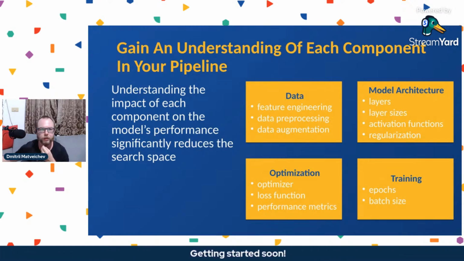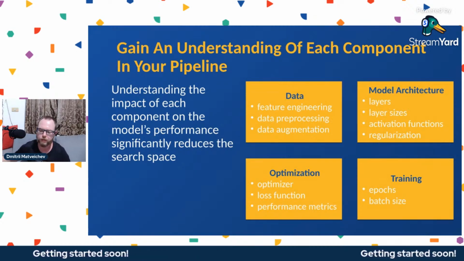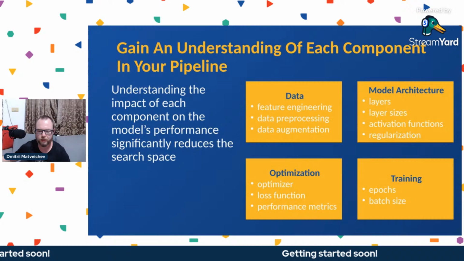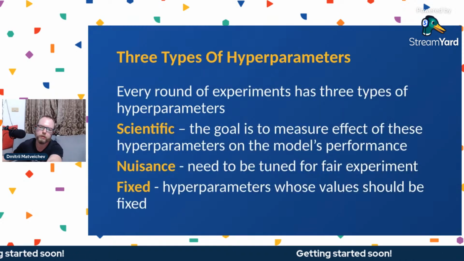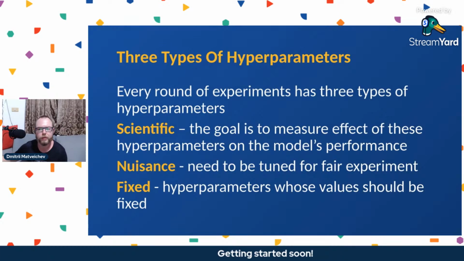If you understand how each part works, then you will have an easier time making a very small set of hyperparameters that you need to tune to get a better result. Okay, so this presentation is focused on this. How do you get better results in a shorter time, maybe?